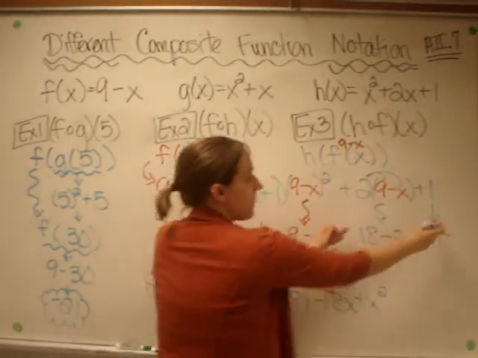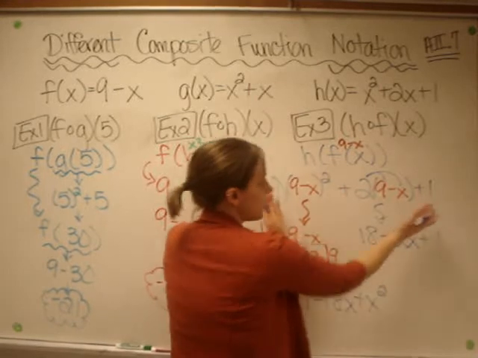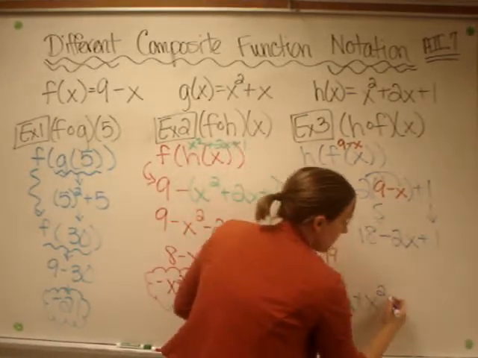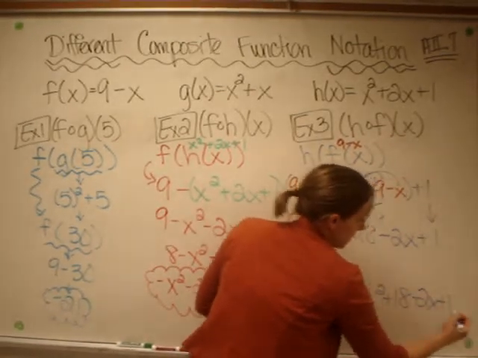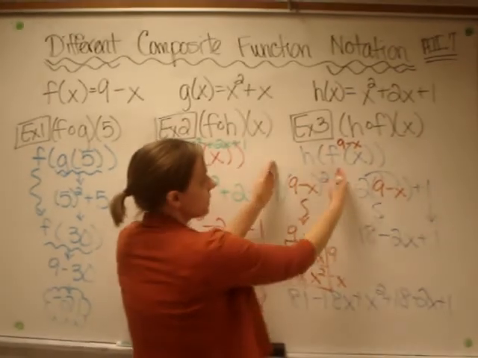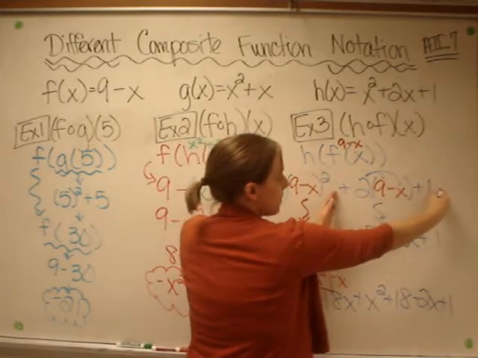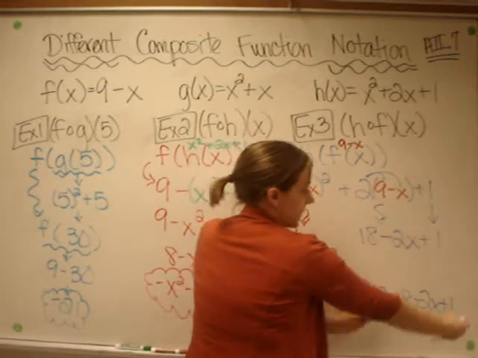Now I'm just going to bring this half down. So we did this half here. I'm going to bring this half down because it's all one. We're adding all of those pieces up. So plus 18 minus 2x plus 1. All right, so this part is the squared part using our Punnett square. And this part is the second half where we distributed, and then we still have to add 1.